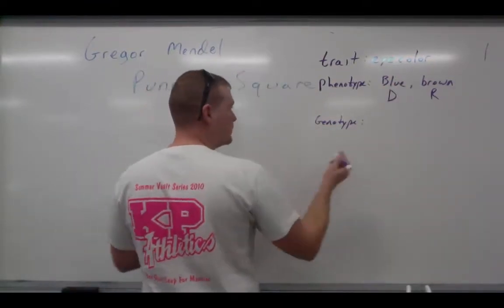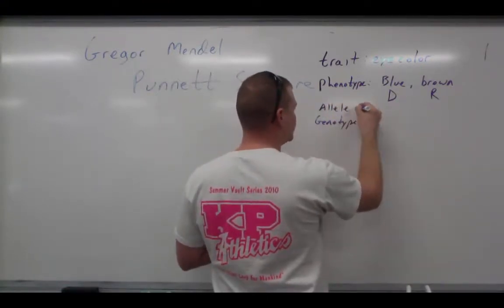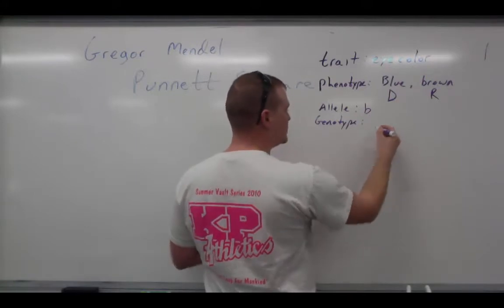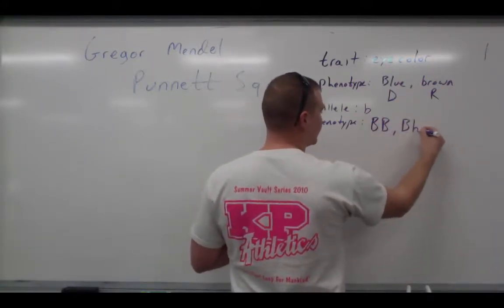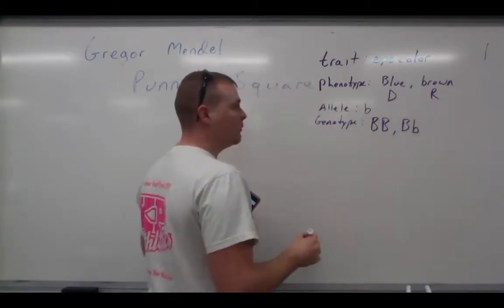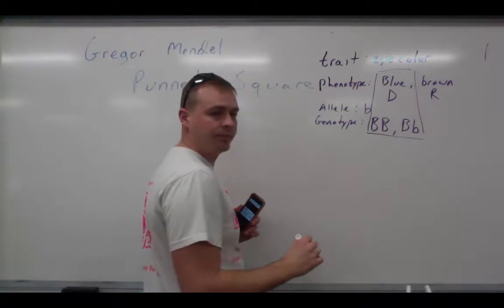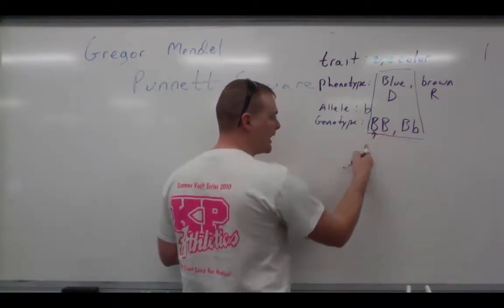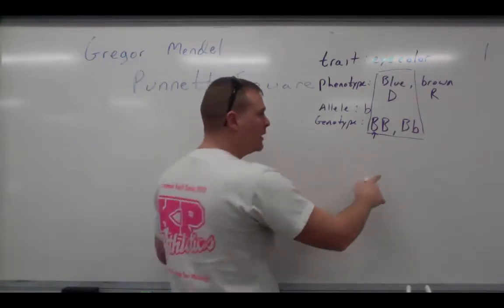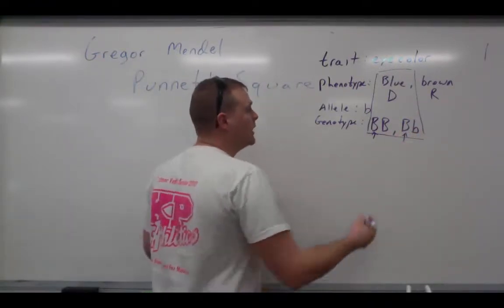The alleles we'll use, let's use B. B is a pretty simple allele. So we have homozygous dominant and we have heterozygous for the dominant version. So these are going to be my blue ones, because with dominant, I only need at least one. So this one has two, and this one has at least one. It has one.